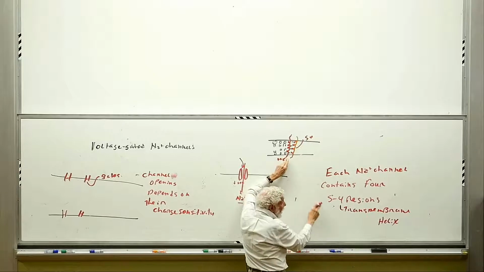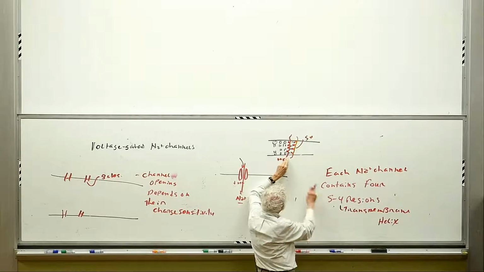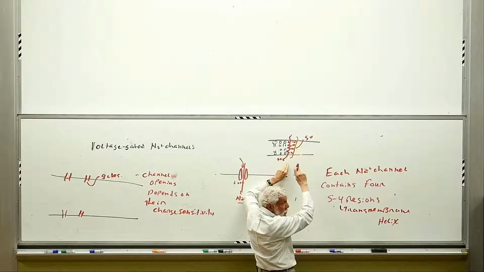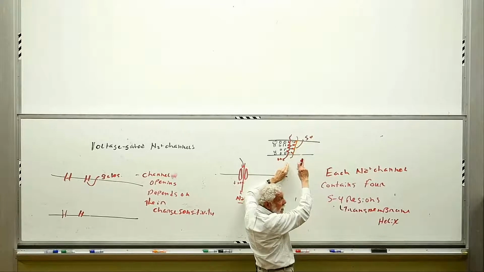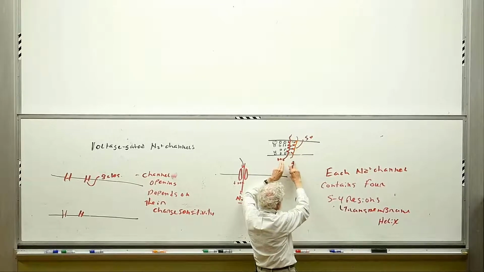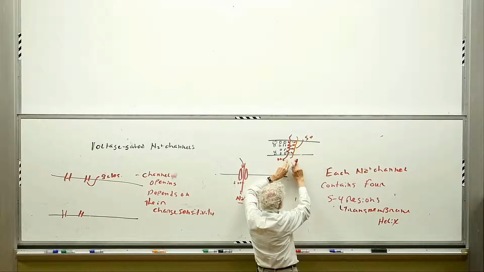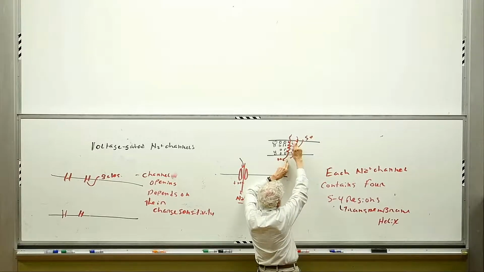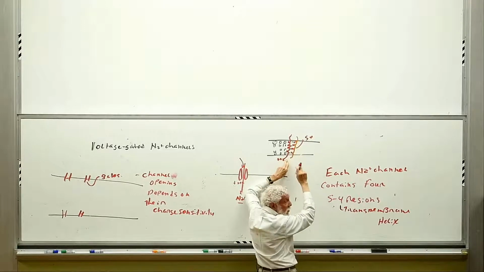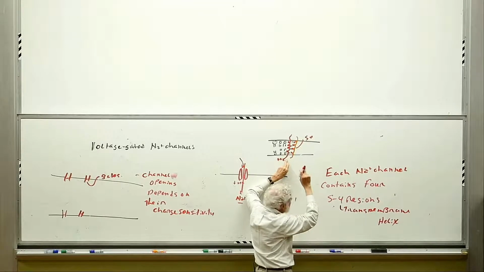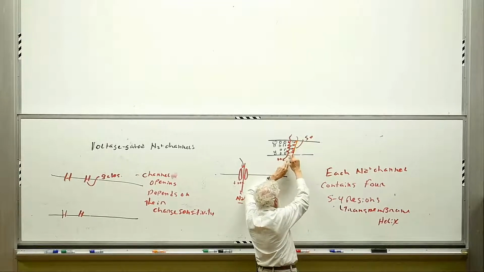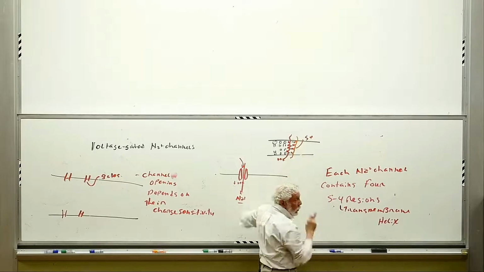But when 3 of the 4 of these S4 regions move in that direction, because they pop out of the membrane just a little bit, and they're forced to pop out of the membrane because the positive charge has caused these nice equilibrium, positive, negative, to be put in disequilibrium, then those will move with respect to one another.